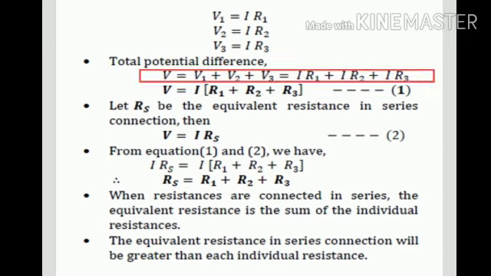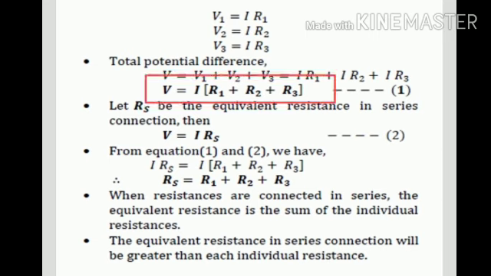Hence, the total potential difference is the sum of the potential differences across each resistor, which can be written as V is equal to V1 plus V2 plus V3, which is equal to IR1 plus IR2 plus IR3. Here I is common, take it outside. Hence the equation becomes V is equal to I into R1 plus R2 plus R3.